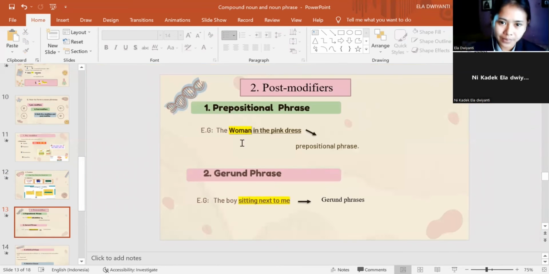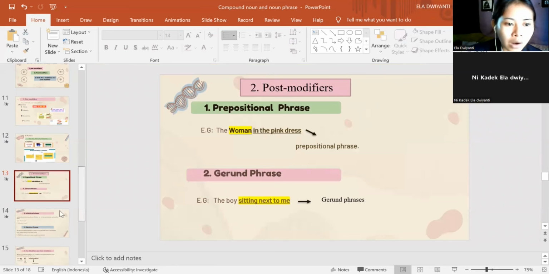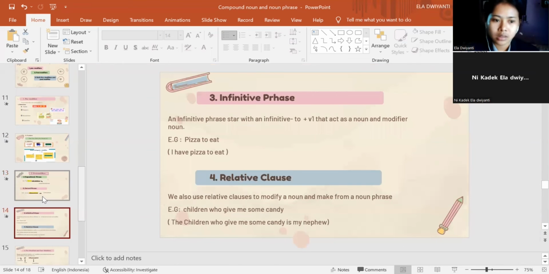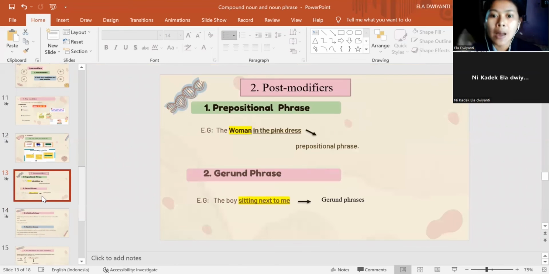Post modifier. When we use a post modifier, it comes after the noun. We have four parts of post modifiers. The first one is prepositional phrase. For example, the woman in the pink dress.